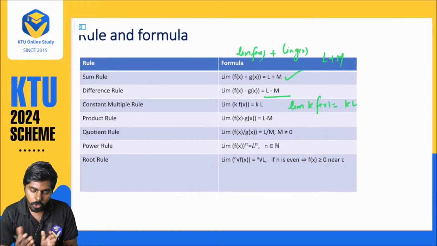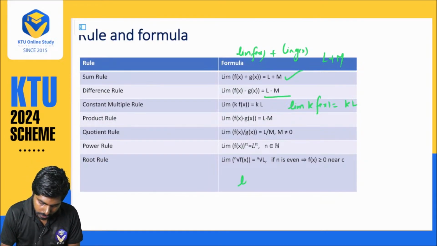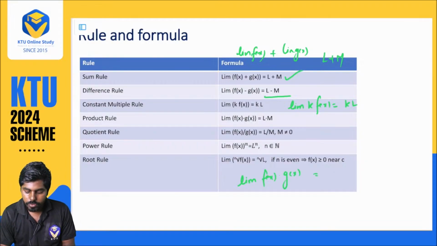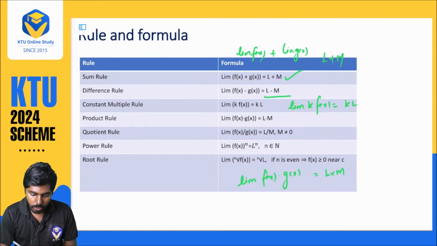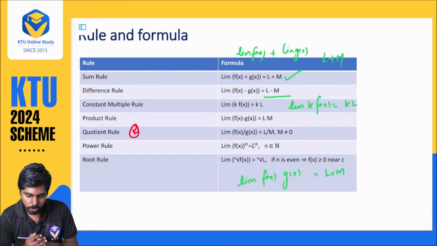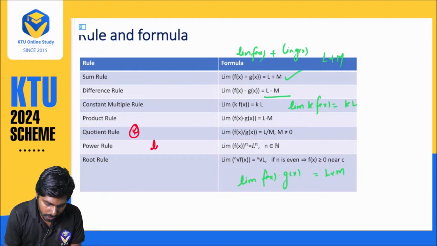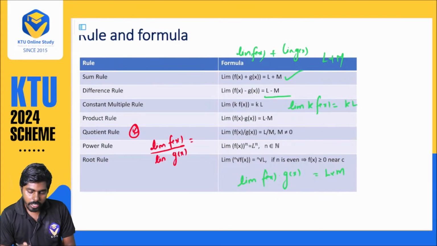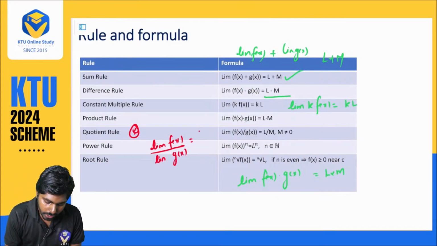Now the product rule: limit of f of x into g of x, you multiply, where f of x gives L and g of x gives m, so L times m. Now here you want to be very careful. A very, very important thing is the quotient rule: limit of f of x divided by limit of g of x gives L divided by m.